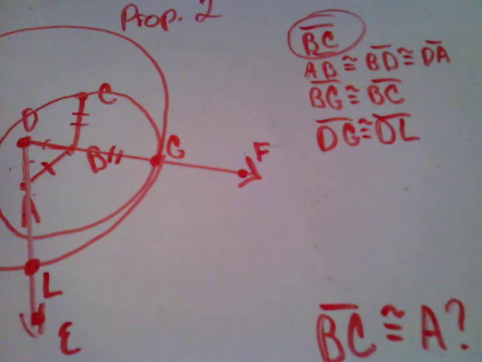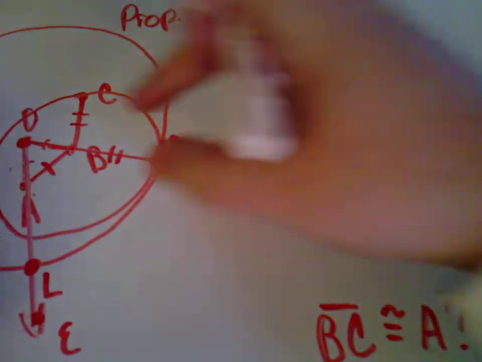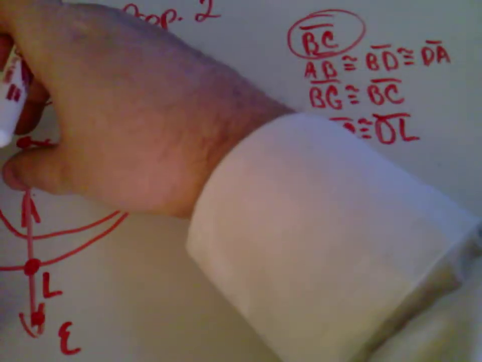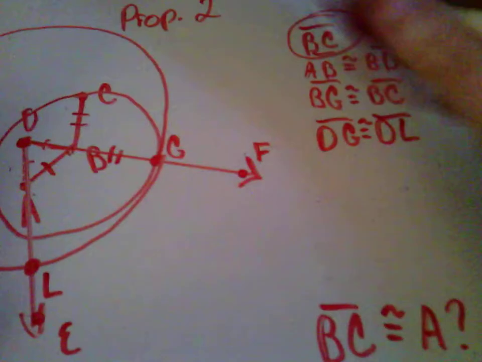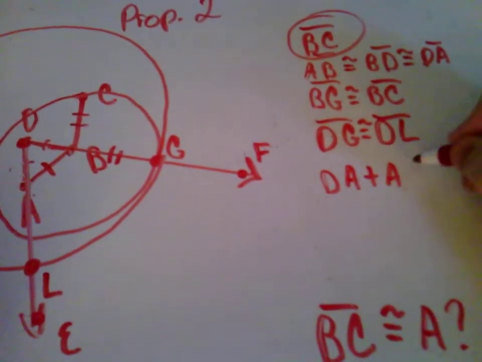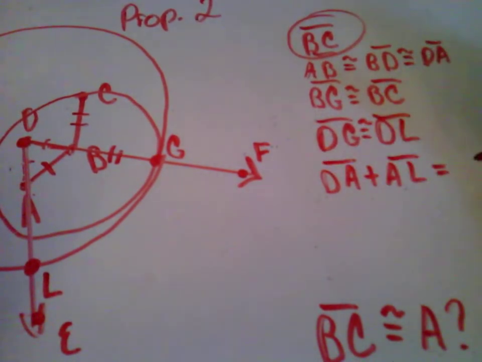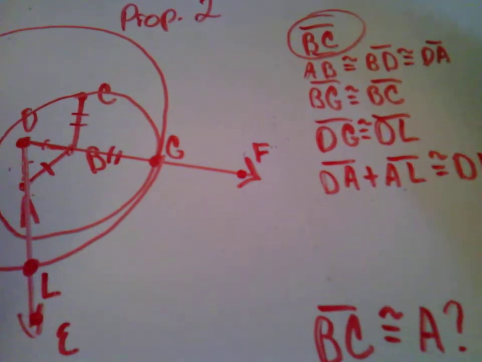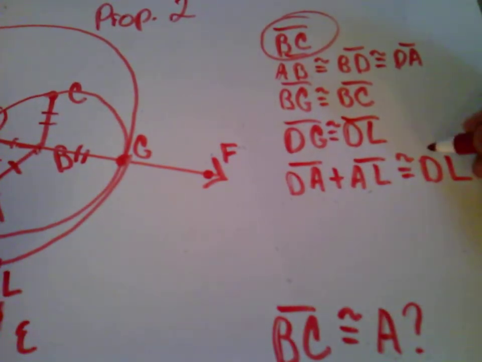Well, let's take a look at what we've got. Would you say that DA plus AL, these segments combined, would that be equal to DL? Would that be congruent to DL? It is.